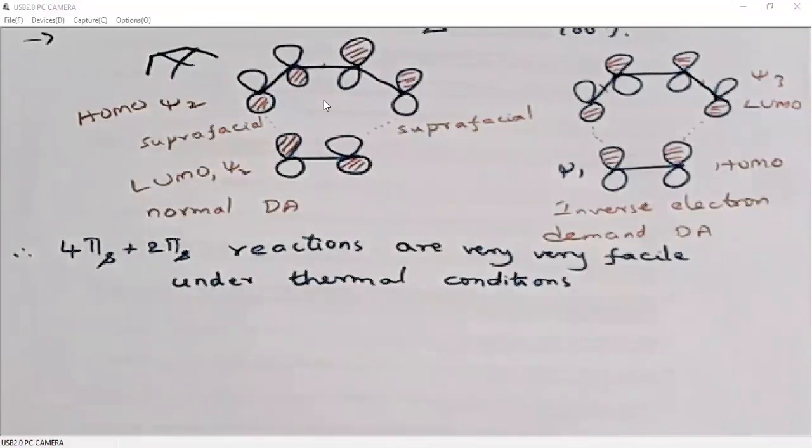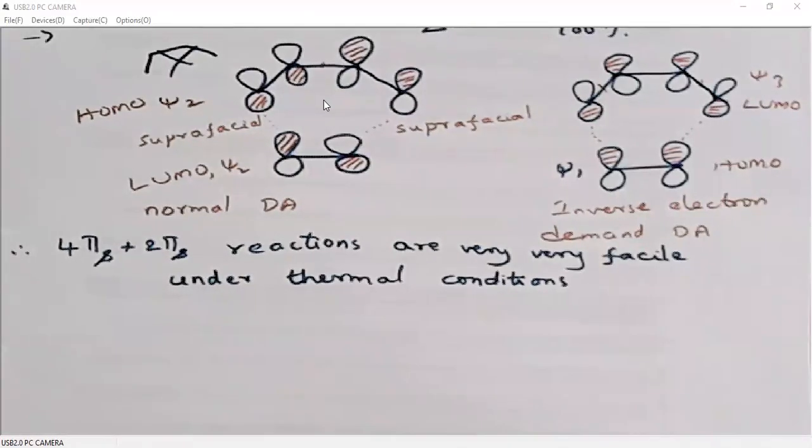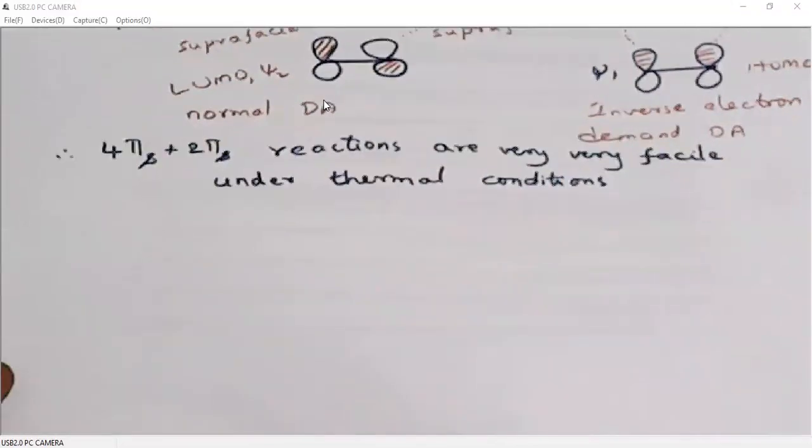I'll also tell you why the normal Diels-Alder reactions are feasible, whereas inverse electron demand Diels-Alder reactions are not feasible, based on the energy levels.